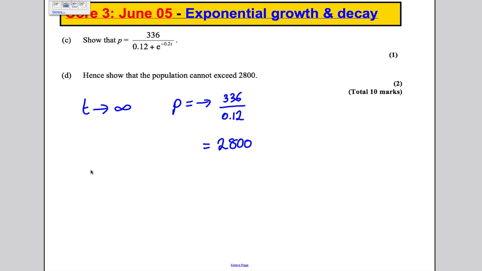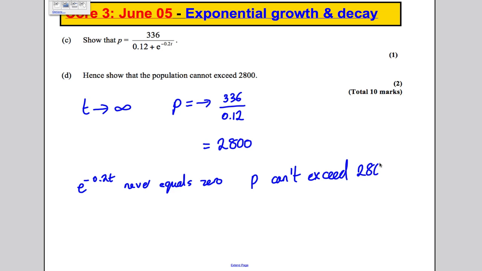The key thing here is that e to the minus 0.2t never equals 0. It asymptotes towards 0. So therefore P can't exceed this. It can't exceed 2,800. It never actually, in fact, would reach that, but it can't exceed it. And we're done.